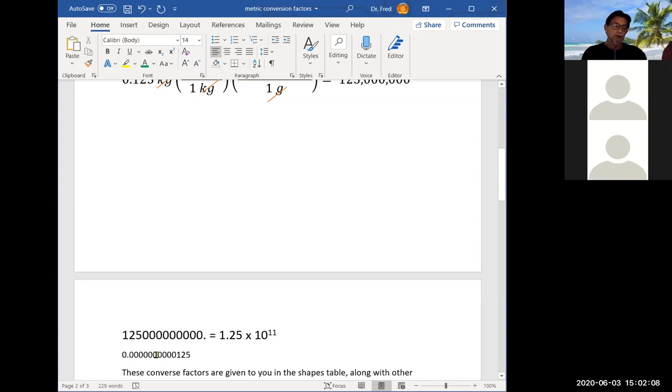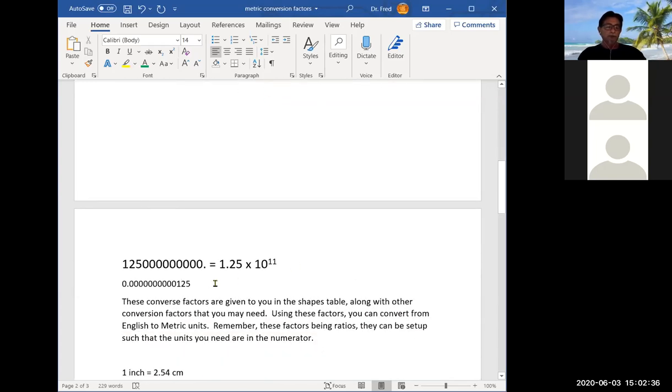So I go 1, 2, 3, 4, 5, 6, 7, 8, 9, 10, 11. So that would be 1.25 times 10 to the negative 11. Negative 11, because it's a number less than 1. Exactly. Regina, you got it correct. All right.